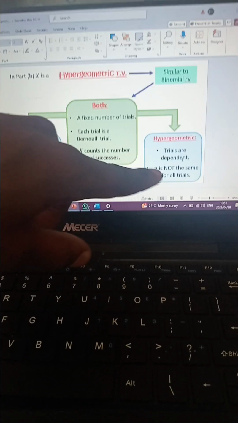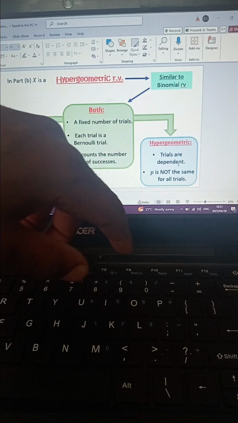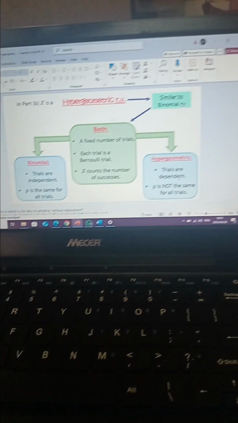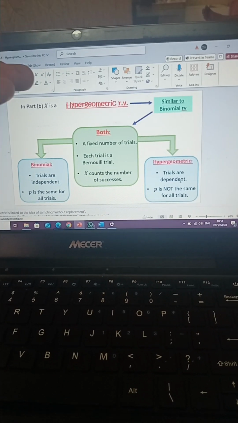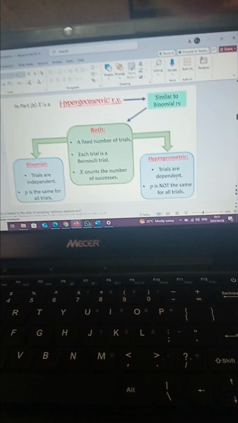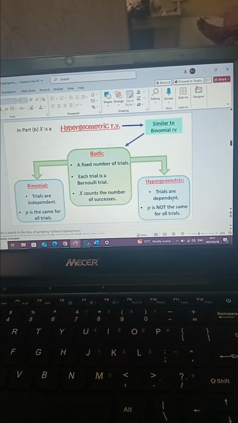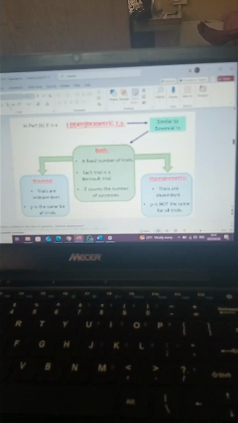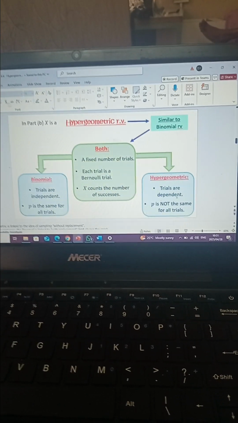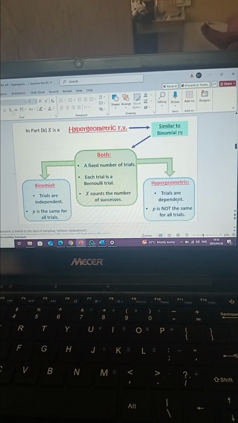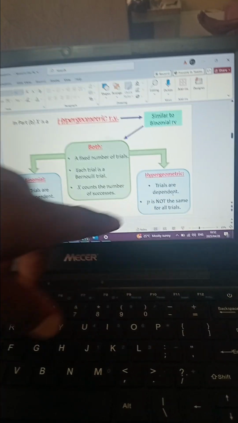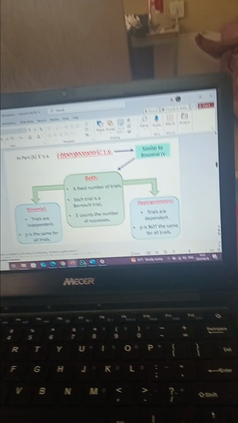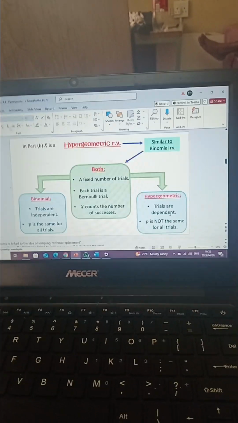P is not the same, the parameter is not the same. What the writer is referring to is that we have 2 red marbles, we have 3 red marbles. Now the probability of getting red marbles is not the same as the probability of getting a blue marble. These are dependent, depending on how many of each color there are.